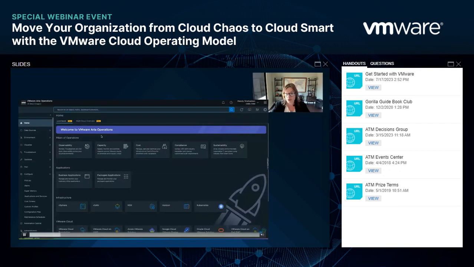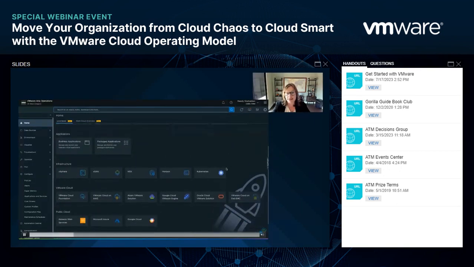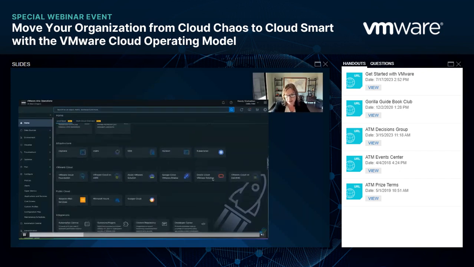the new operations, because many of you are already familiar with the capabilities around observability, cost, capacity, compliance, and sustainability for your vSphere workloads across vSphere, vSAN, NSX, your software-defined data center. And of course, VMware Cloud on the hyperscalers, because it's essentially vSphere. And so we're also able to manage those in the same way.